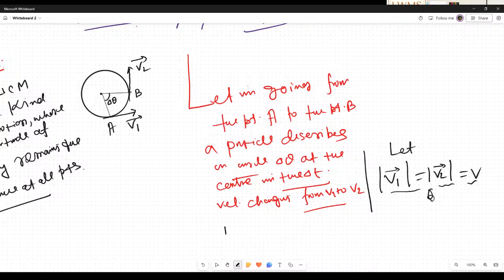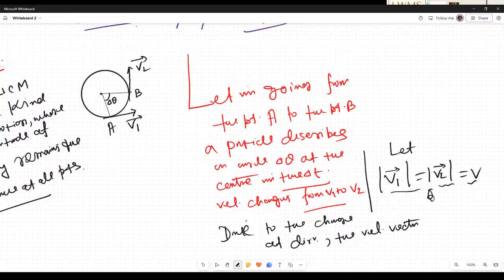But due to the change of direction, the velocity vector changes. You agree or not? Due to change of direction, the velocity vector changes, isn't it?